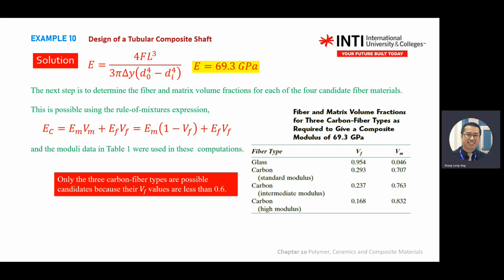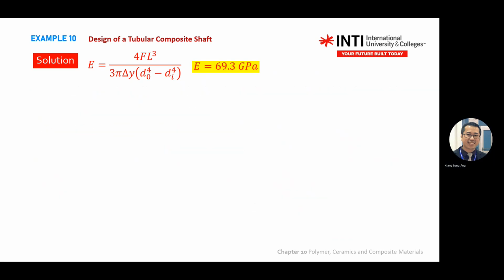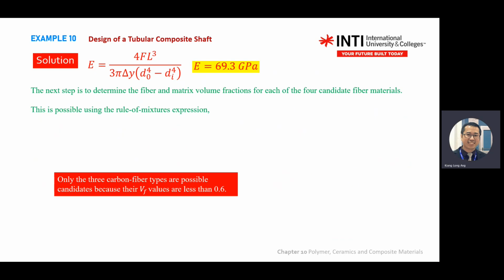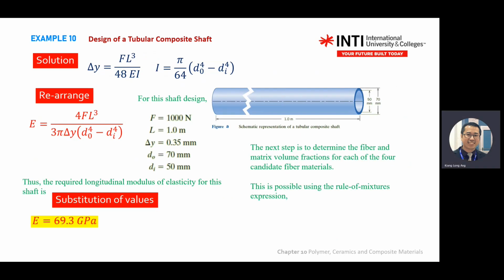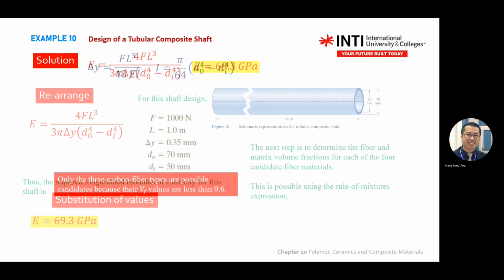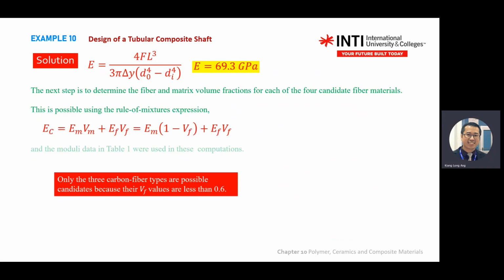So there are only 3 carbon fibers that are possible because their VF value is less than 0.6. Why 0.6? Because if you see, there's a customer requirement there.